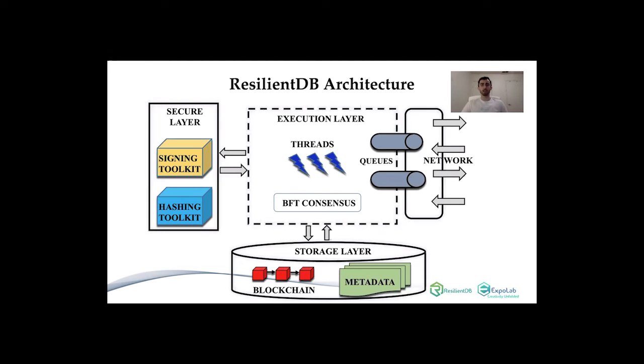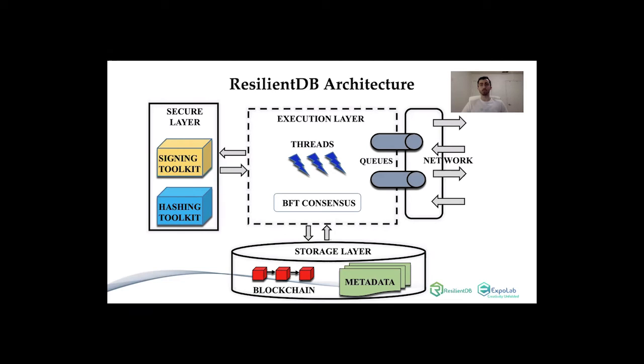So what is the architecture of ResilientDB? In this slide, we are showing a high-level abstract view of our ResilientDB. As you can see, there is a secure layer which has signing and hashing toolkits. We have a consensus layer with BFT consensus in it, worker threads, batching threads, and all in the middle.